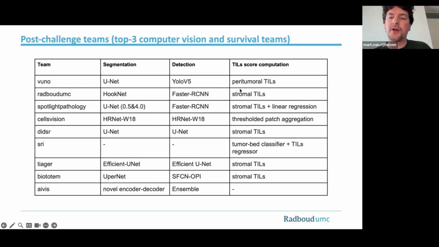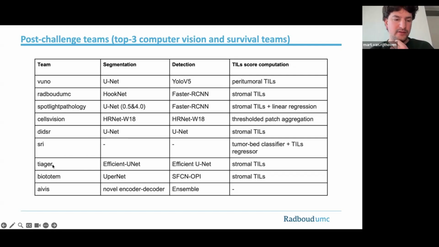Interesting that Vuno was the only one that did the peritumoral TILs. That was the TILs version that I was talking about in the beginning of the presentation, about the border of the tumor bulk. And the other ones mostly did the stromal TILs.